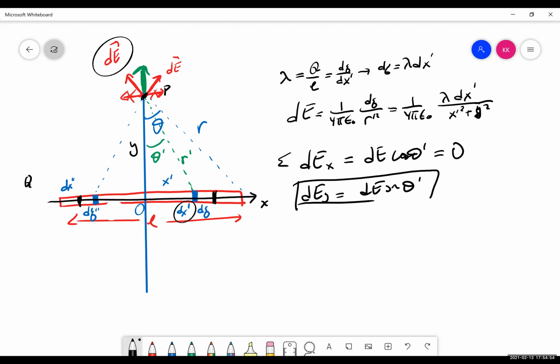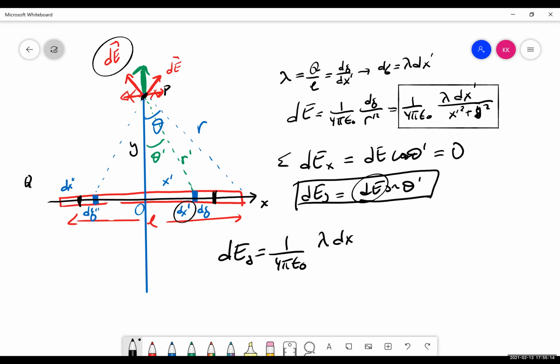All right, so then what I have here is the y component of dE, dEy, equals dE sine of theta prime, and if I replace dE with this expression here, 1 over 4 pi epsilon naught lambda dx prime over x prime square plus y square.